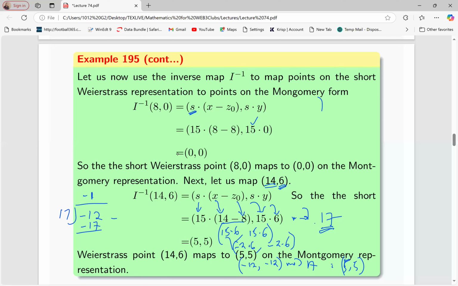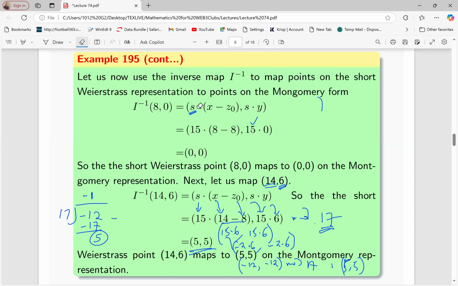When you subtract this, the remainder will be 5. So it's (5, 5). So you can see we've been able to convert a point from short Weierstrass to Montgomery, and then a point from Montgomery to short Weierstrass, and vice versa.